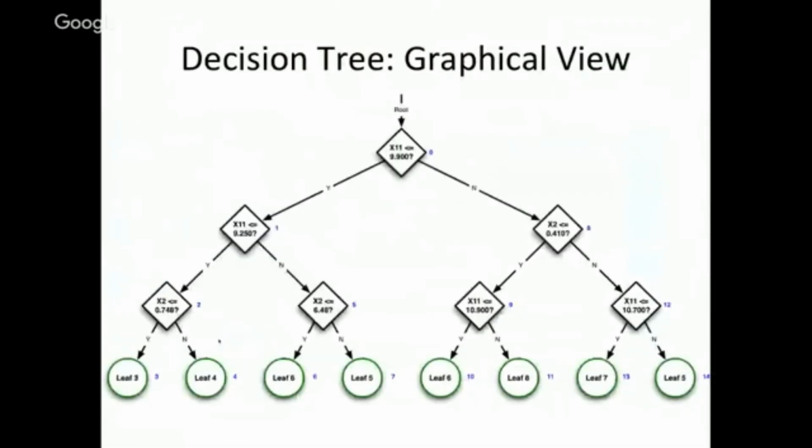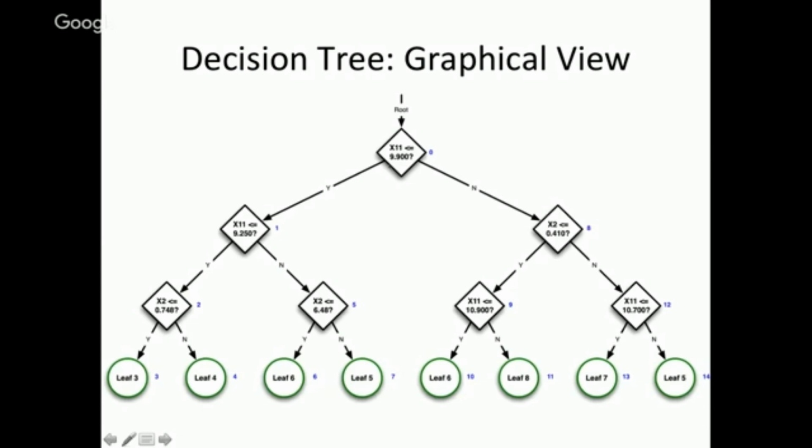Okay, here's an example decision tree. We've identified the root here up at the top. So whenever we want to query our model to see what the predicted value is, we start here at the root, and each decision node asks a binary question. Is this factor x11 less than or equal to 9.9?